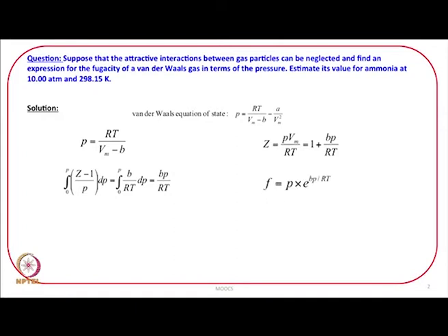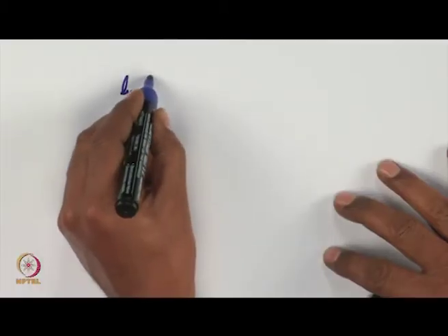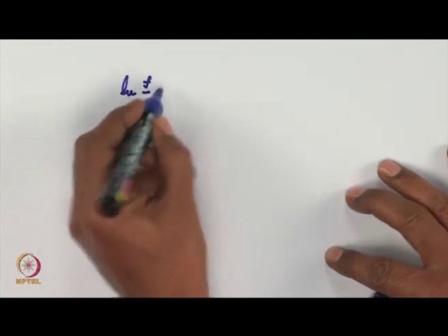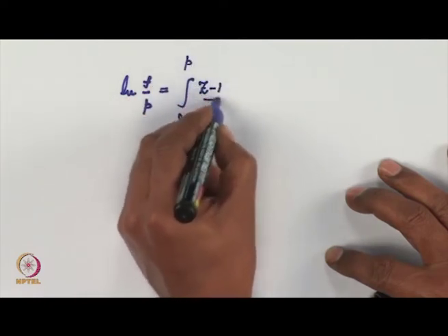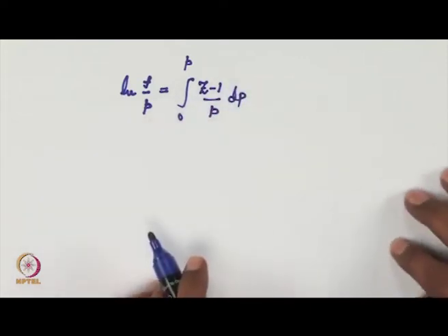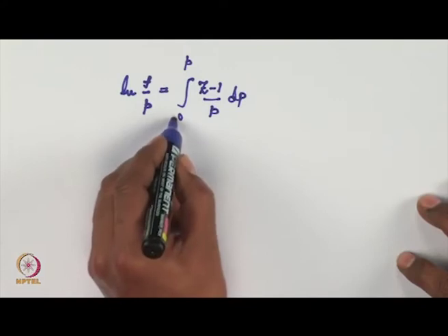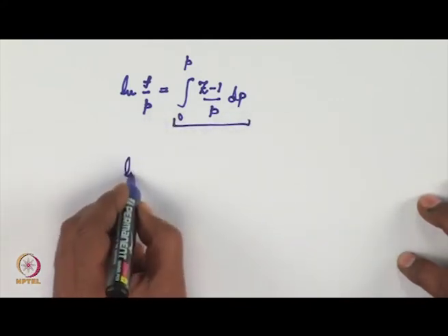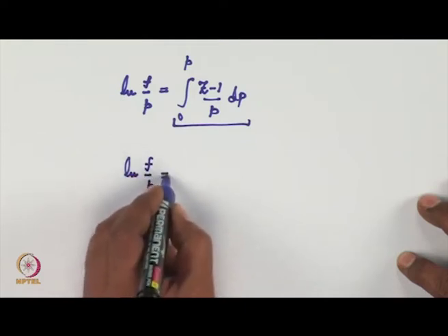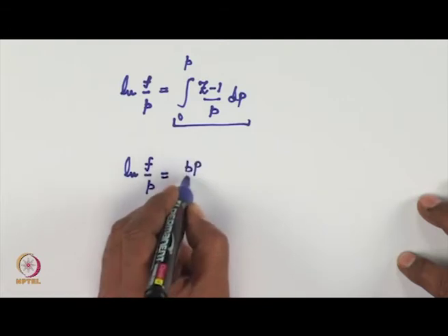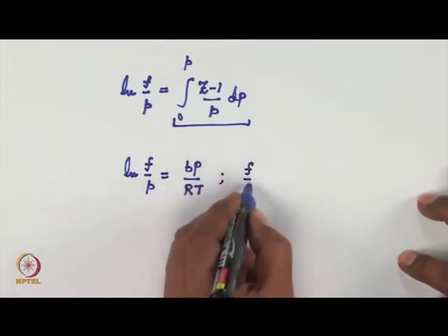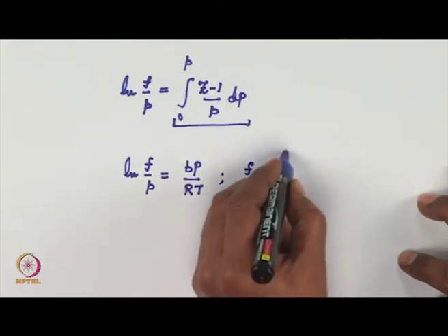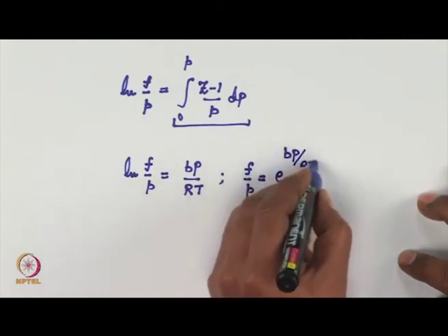Therefore, if I now recall that ln f over P is equal to the integral from 0 to P of Z minus 1 over P dP, and we have evaluated this and obtained ln f over P is equal to bP by RT, which means f upon P is equal to exponential bP upon RT.